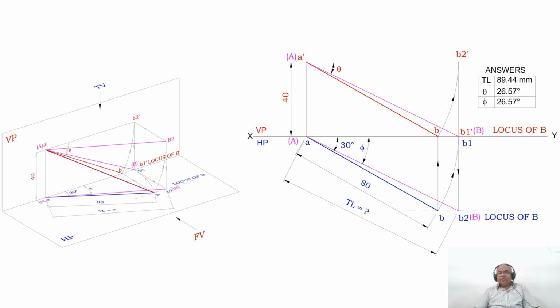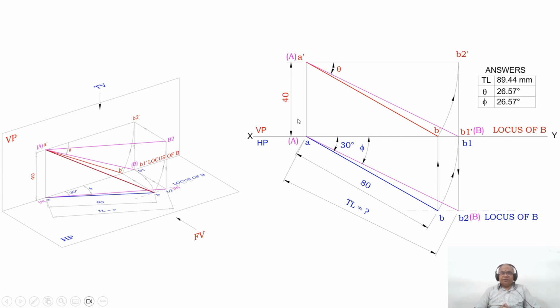When you are doing it manually, or on the computer, the true length will be 89 or 90, theta will be 27 degrees, and phi will also be 27 degrees. So this is how you will be able to analyze the drawing and do it manually using the sketchbook. Show the dimensions of this true length which is to be found out. So you show the dimension of 80, then 30, and it is 40 mm above HP.